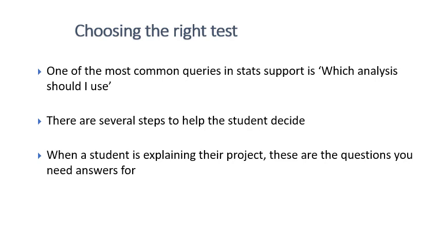So there are several steps to help you decide on what statistical test to use. You have to remember that there are things that you need to consider in choosing the right test. Number one is the research objectives.